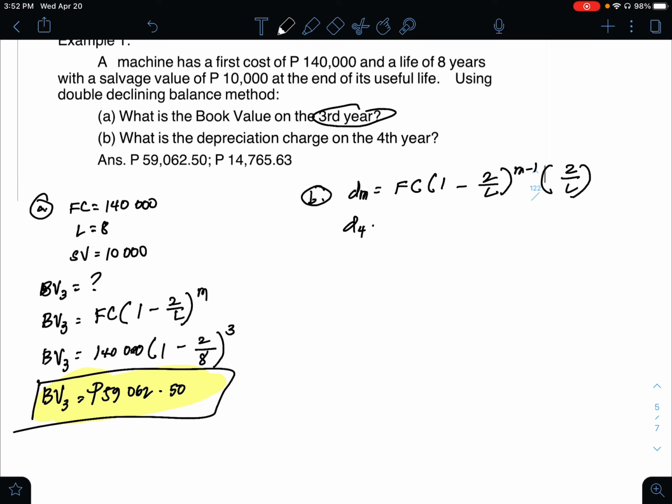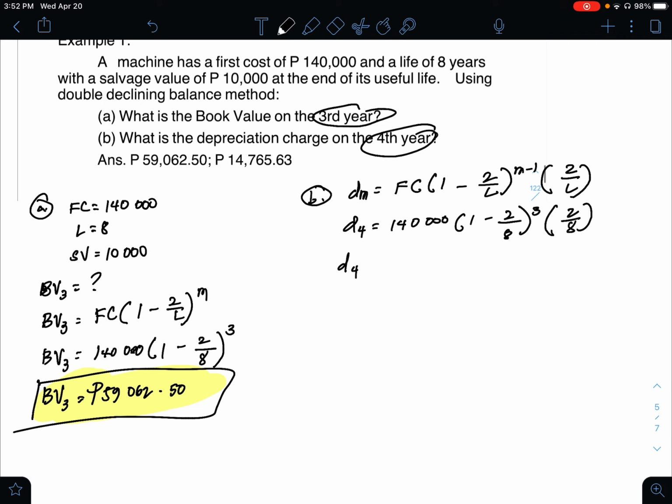So D at 4 is equal to 140,000 times 1 minus 2 over 8 years of life, raised to M minus 1. It's the fourth year, so 4 minus 1, that's 3, times 2 over 8.